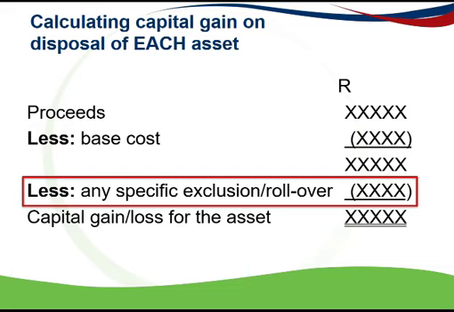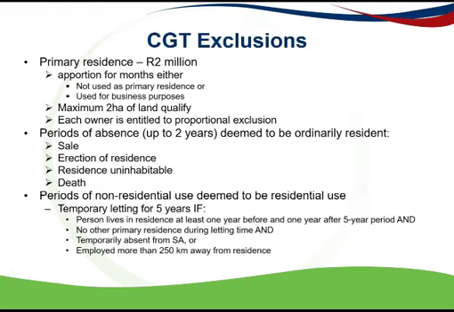So what you're going to get quite a lot with individuals is a primary residence exclusion, where 2 million rand is excluded. The first 2 million rand gain is excluded. However, you do need to apportion for months where the residence was not used as a primary residence or where it was used for business purposes.